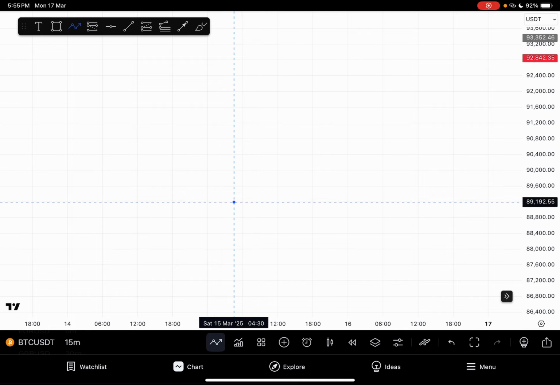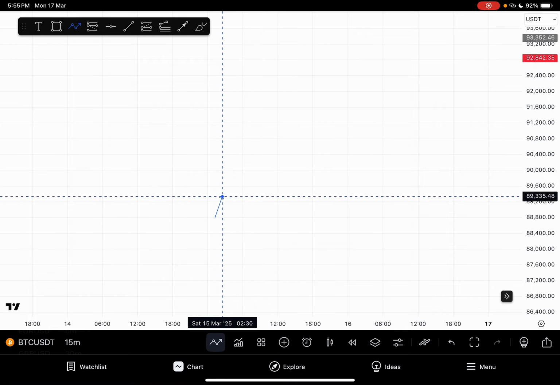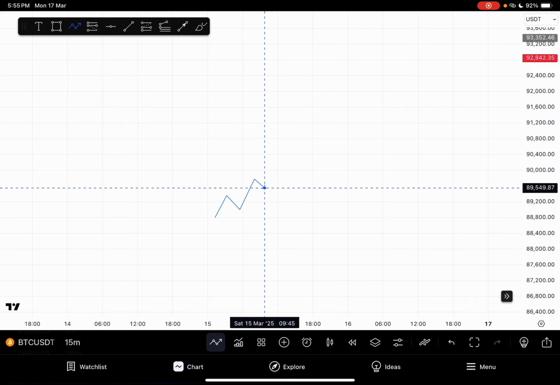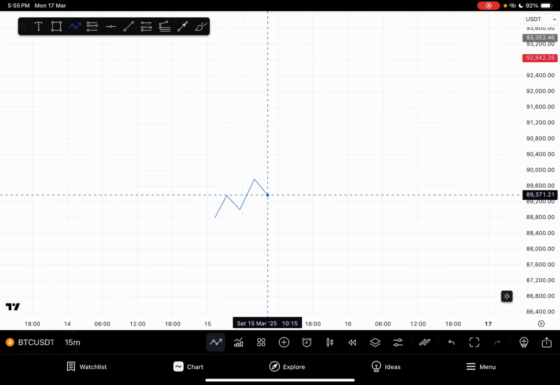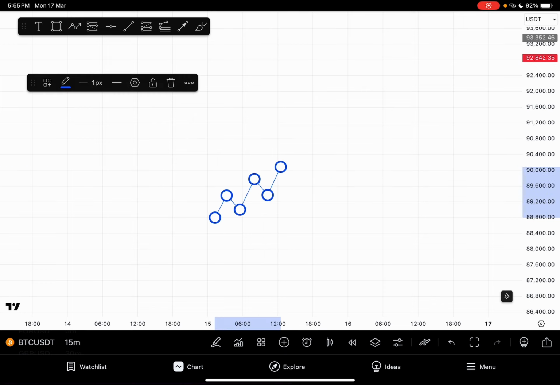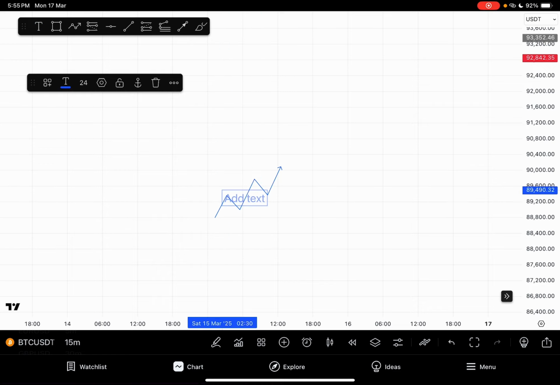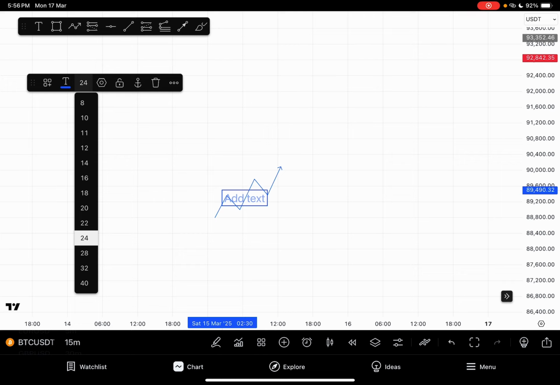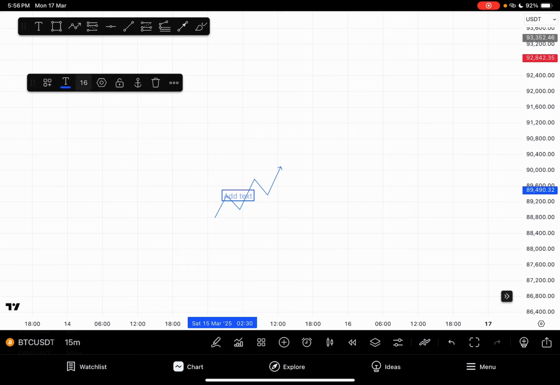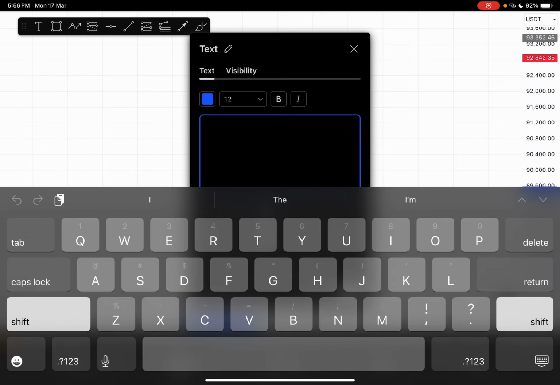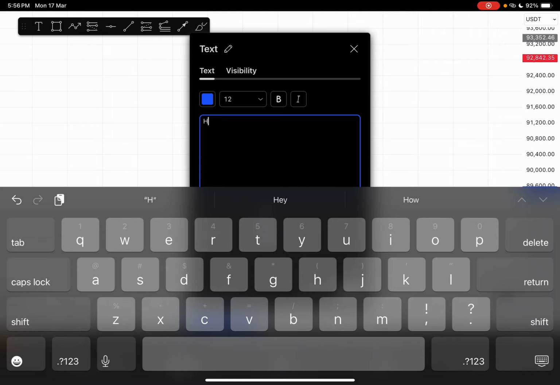So, we all know when price is moving, creating higher highs and higher lows. When price is creating higher highs and higher lows, so this point here, okay, that point there is the higher high.